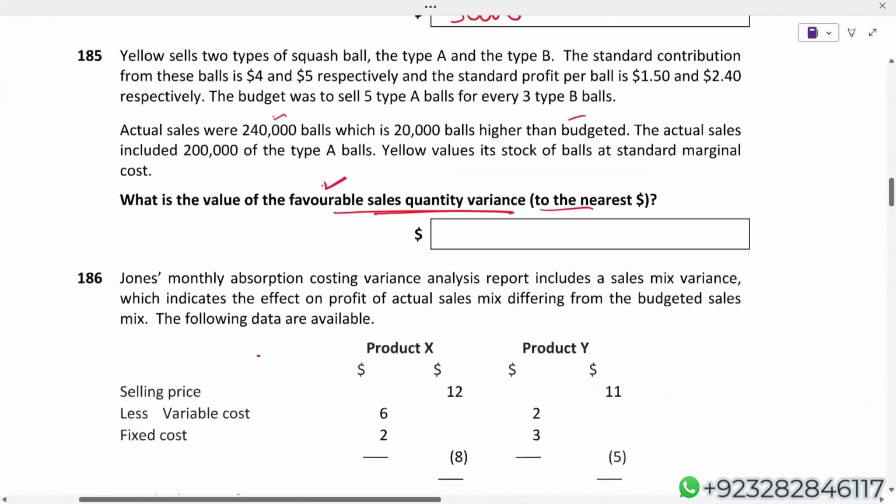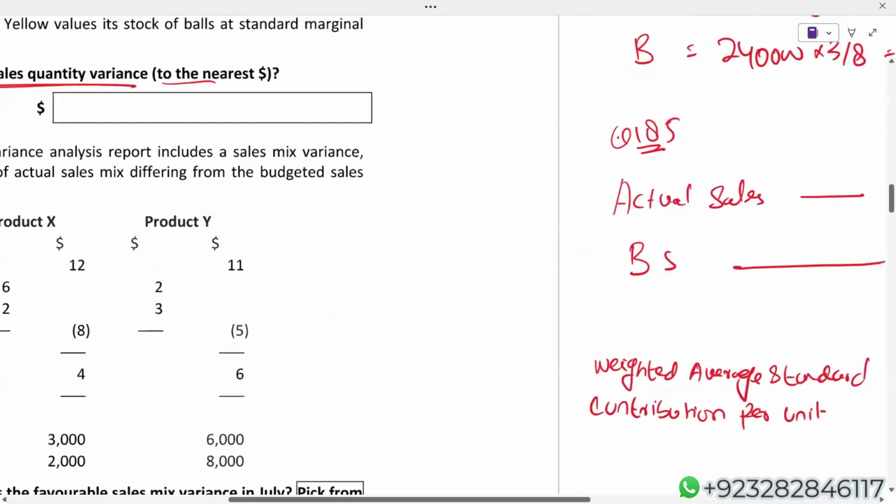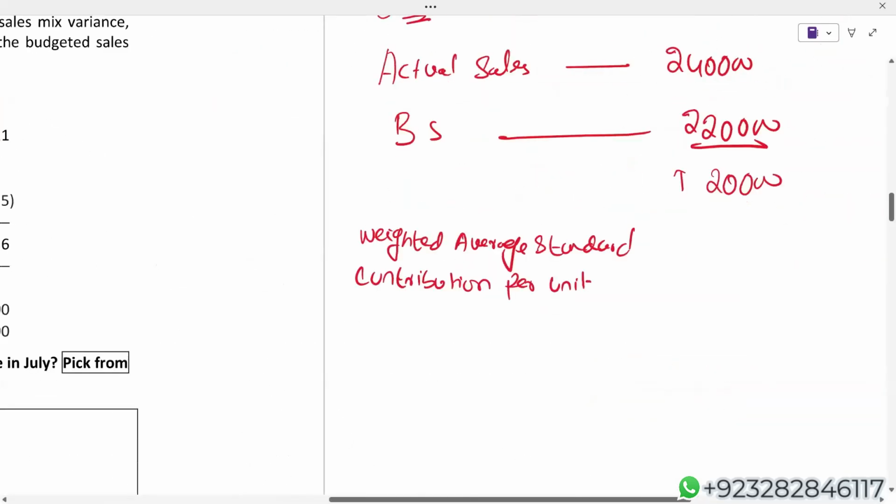Product A, type A, has contribution $4 and the ratio is 5 out of 8. Another product has contribution 5 and the ratio is 3. Contribution is 4 and the units should be 5.